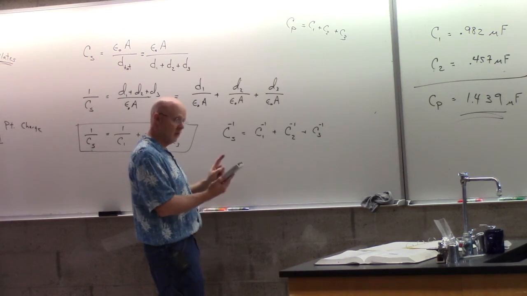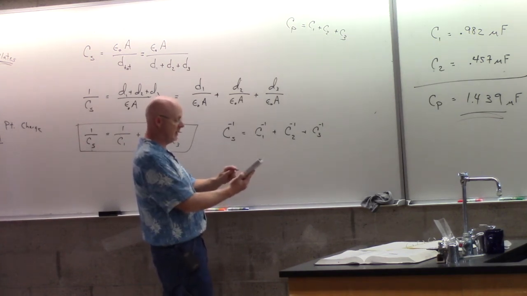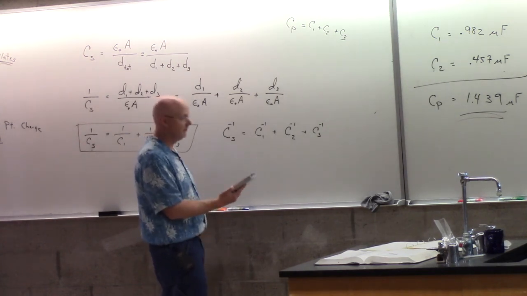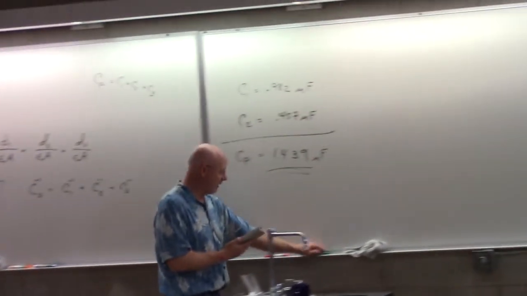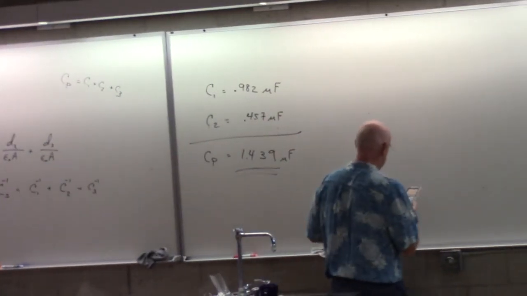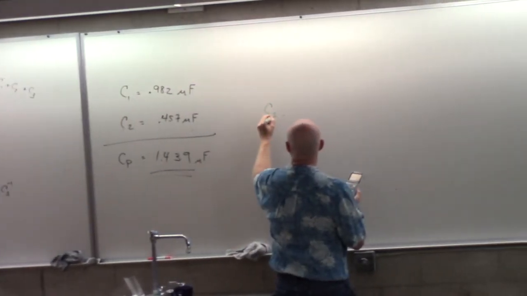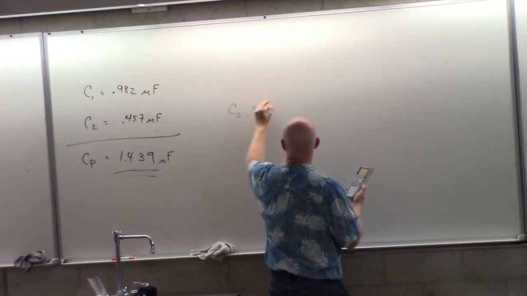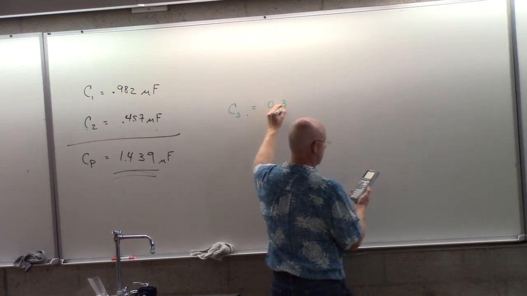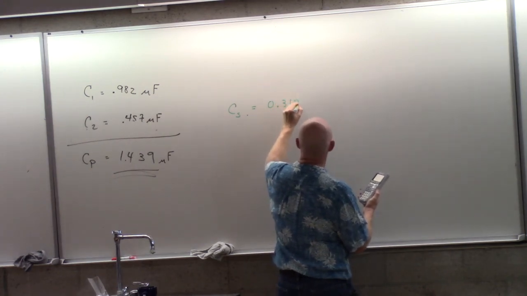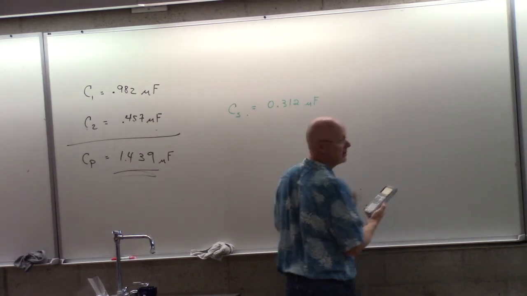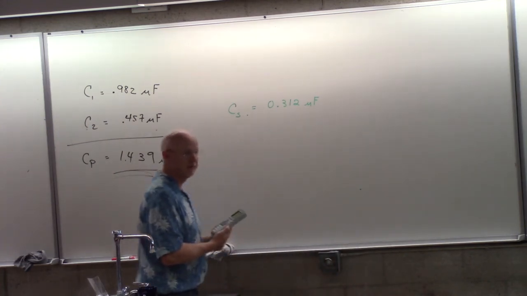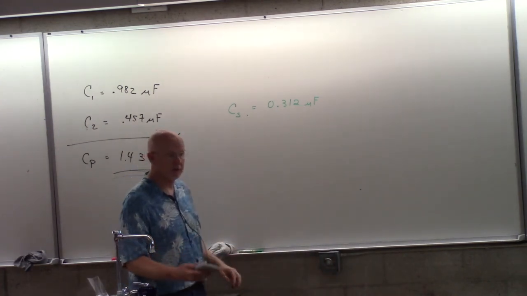So, one last time, I hit the reciprocal button again and hit enter. And so when I do all that math, I get the capacitance of the series at 0.312 microfarads. And so that would be the equivalent of 2 in series.